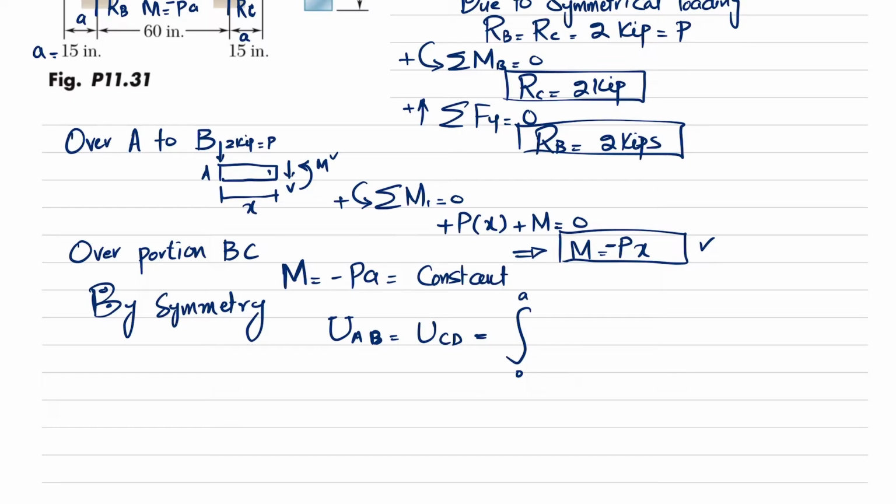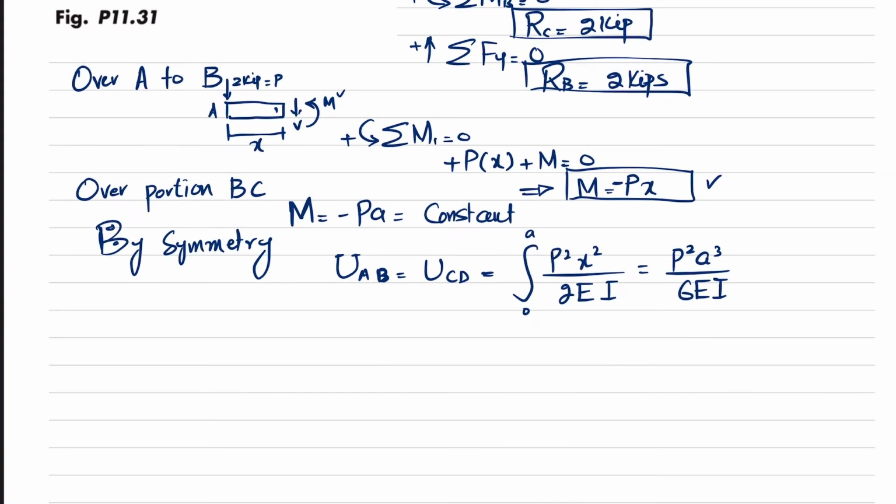M is equal to minus P into x, so P square into x square divided by 2EI, and when you solve it you will get P square a cube over 6EI. You can do it now.